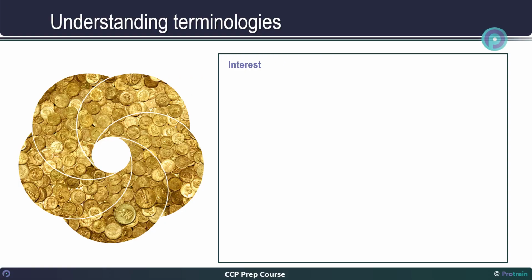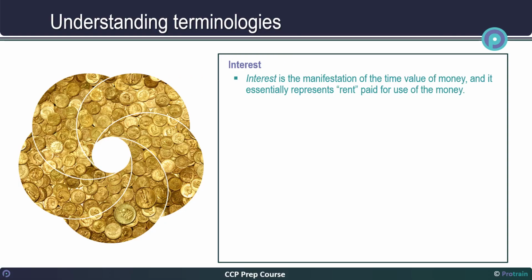Interest. Interest is the manifestation of the time value of money, and this essentially represents rent paid for use of the money. There are always two perspectives to an amount of interest: interest paid, and interest earned.